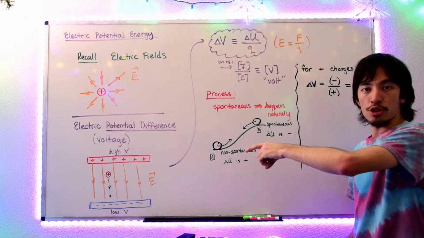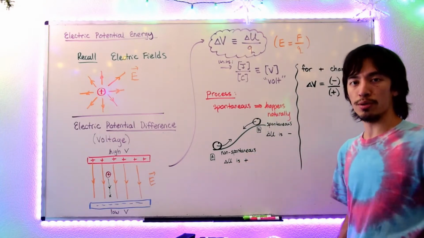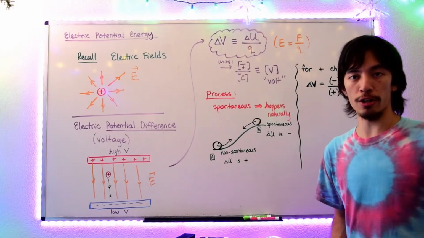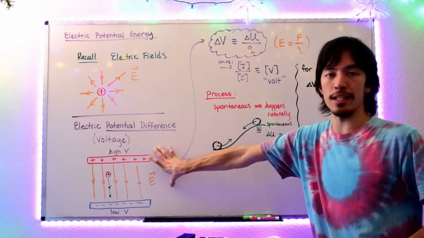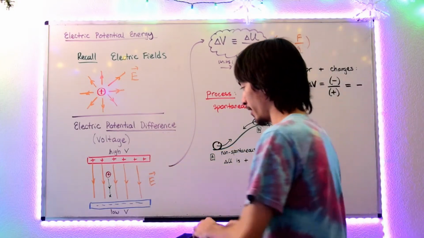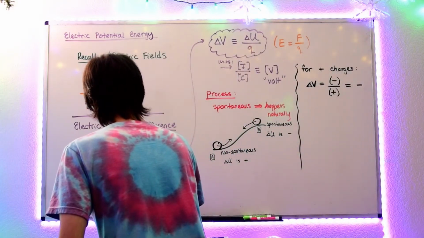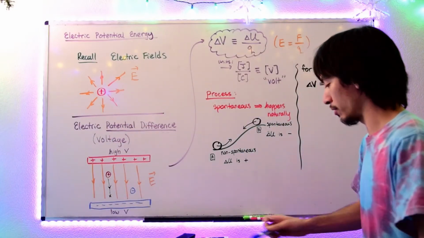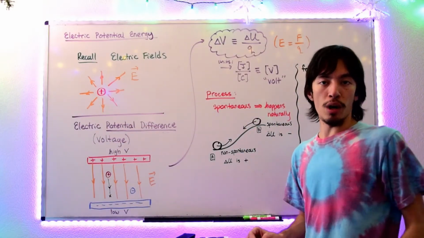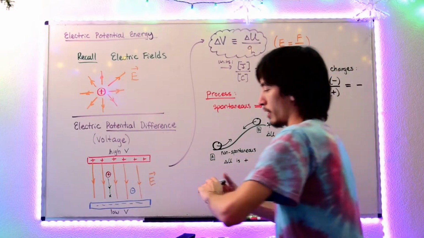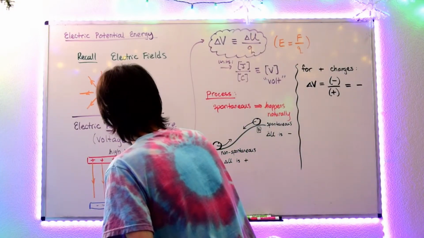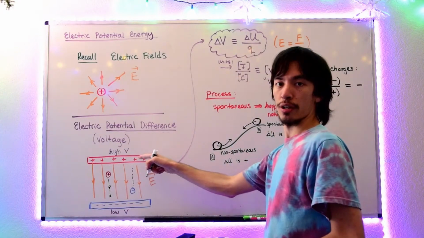If this holds true, we should be able to also do this for a negative charge and still have that stay in place. So if we were to do a negative charge, so we put a negative charge in that electric field, let's say we let it do what it wants, so it will naturally move in the direction against the electric field toward the positive charge.